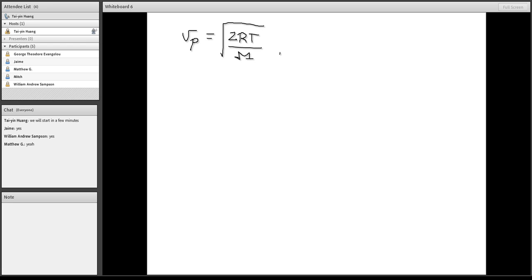And we also calculate the root mean square value. So the root mean square value is equal to 3 times RT over the molar mass. We also mentioned the average velocity of the molecule.